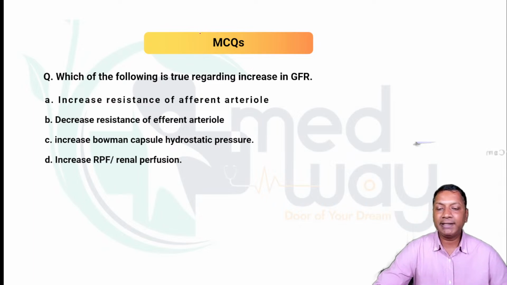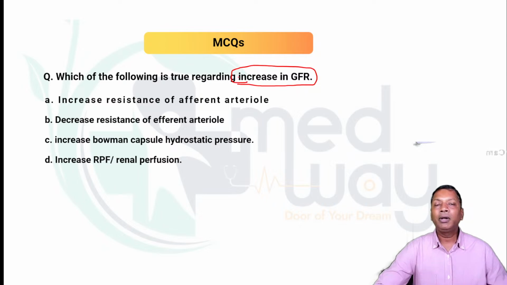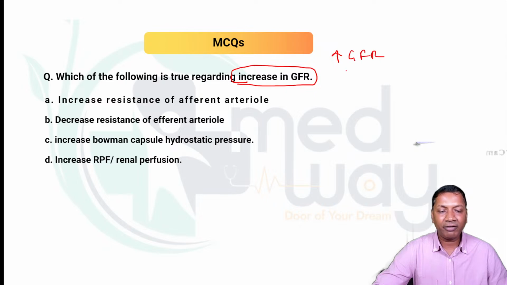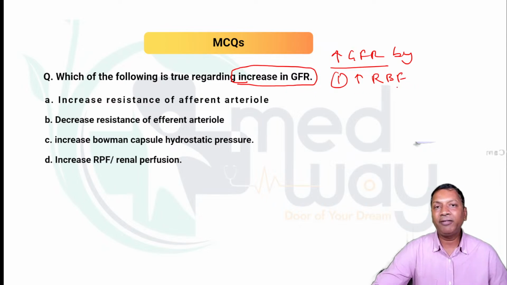Then the third question is: which of the following is true regarding the increase in the GFR? We have to know the factors which will increase the GFR. Remember this: whenever there is an increase in the renal blood flow, the GFR will increase.